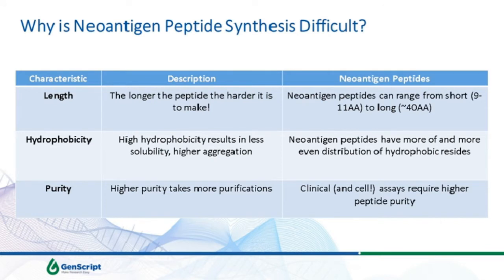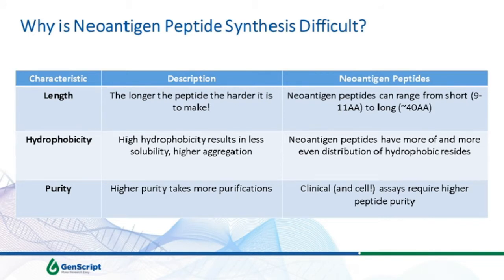It's really due to a variety of different physiochemical properties. For simplicity's sake, I would count the top three culprits as being length, hydrophobicity, and purity. In general, the longer a peptide is, the more difficult it is to synthesize.